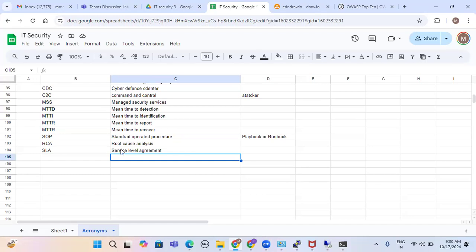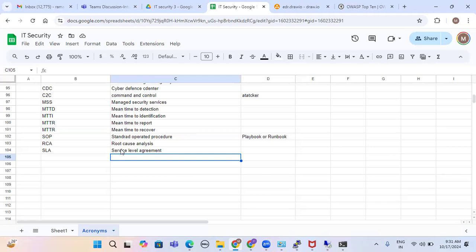If it is low and informational, in 48 hours. This is the way the mutual agreement is defined by sitting together. In case the defined time is crossed, obviously State Bank of India will impose penalties or fines on Wipro, maybe $1,000 or $2,000 or $3,000 and so on. That mutual agreement is called the service level agreement.